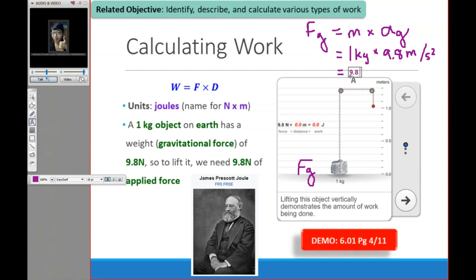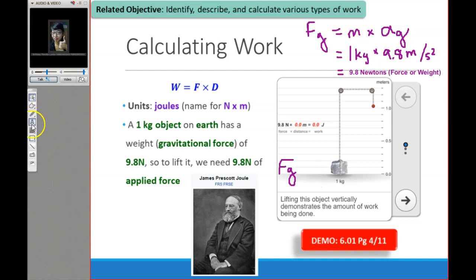But this is going to tell us the newtons, or the force or weight of the object. So this object that's 1 kilogram, the force that we need to lift it up is going to be the weight of the object, which was 9.8 newtons.